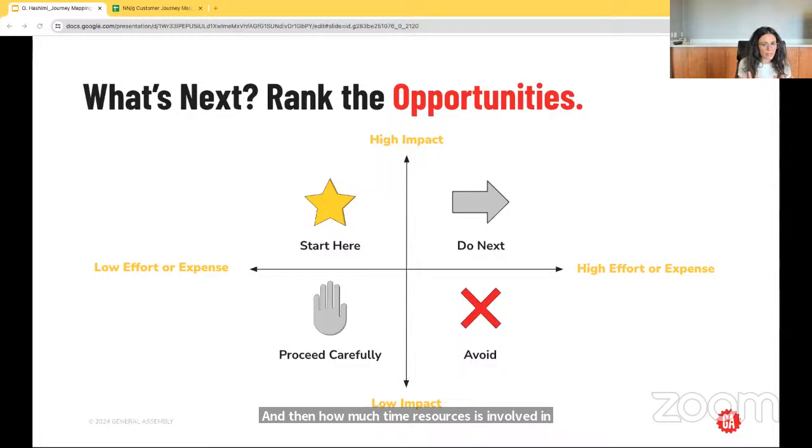Now, generally speaking, the features that fall in quadrant 1 take priority over those in other quadrants. These are what we call low-hanging fruit, and they deliver significant value with minimal investment. These features should be prioritized first. Looking over at the second quadrant, this is what we would do next and break into small pieces.